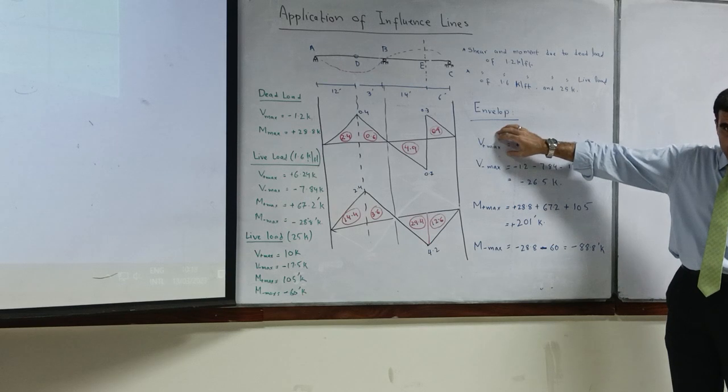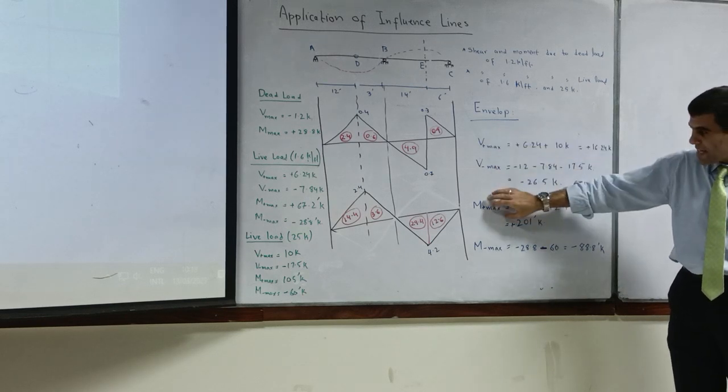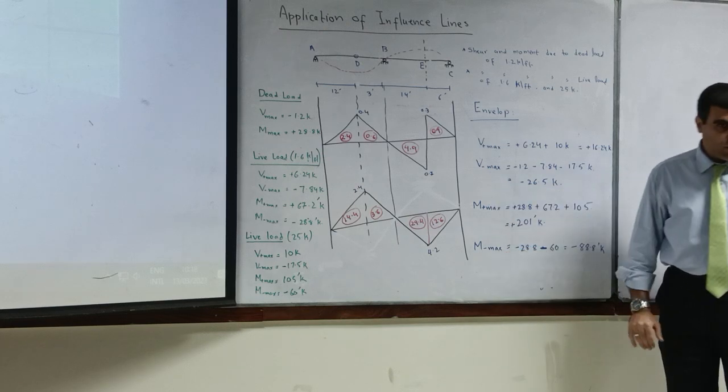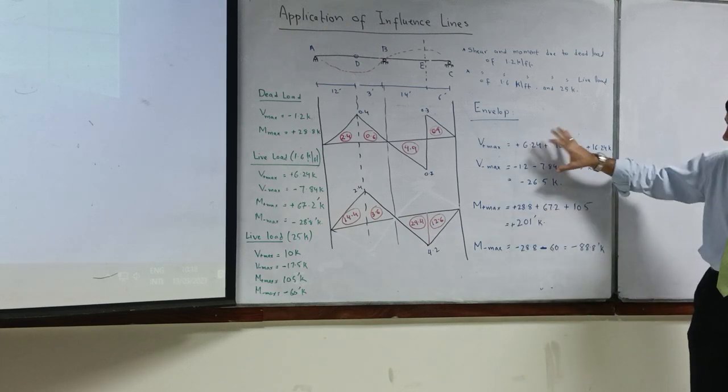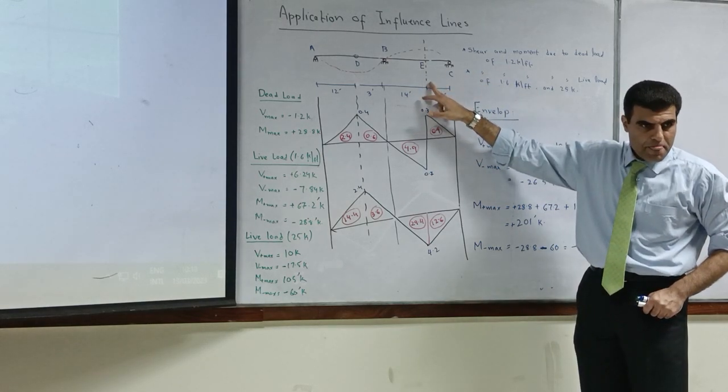This is the maximum positive shear, maximum negative shear, maximum moment, and maximum negative moment. So this is our envelope with respect to section 1.1.